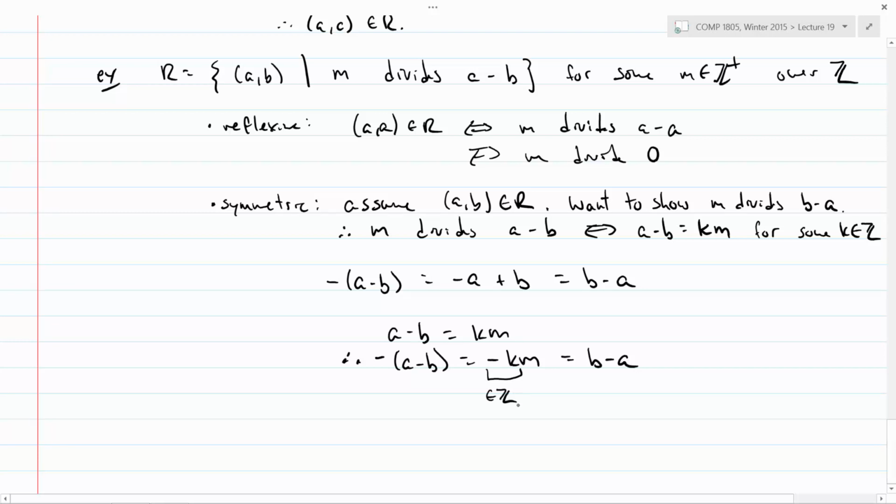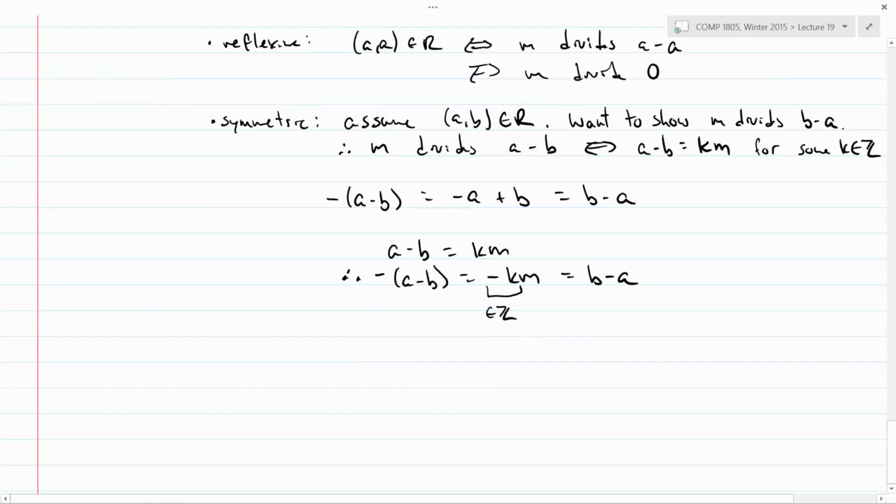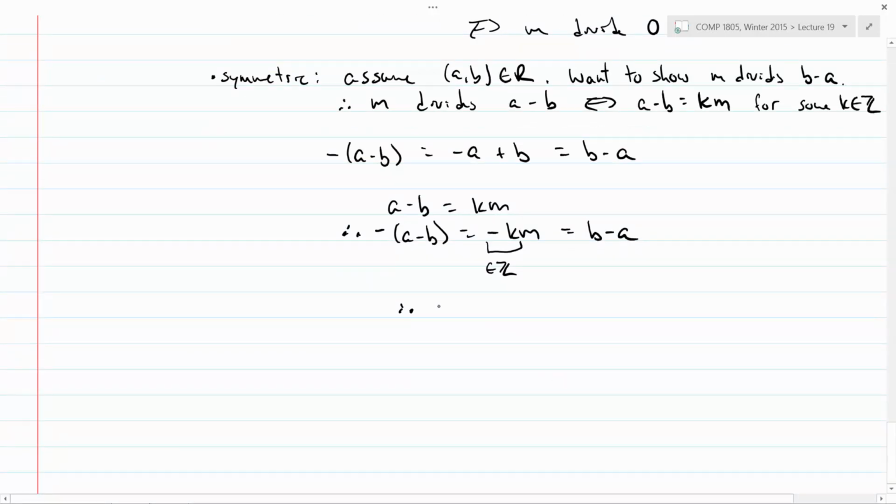So that means that m also divides b minus a, because I've written b minus a as some integer times m. Does that make sense? Is it okay? All right, so that means it is indeed symmetric.